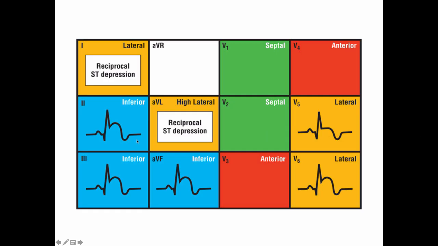So in this example, I've got elevation in 2, 3, aVF, I've got an inferior MI, I've got ST segment elevation in V5, V6, so I've got a lateral MI, and here I'm still going to see some reciprocal ST depression because these are the high lateral leads reciprocal to our inferior leads. So even though I have an inferior lateral MI, I'm still going to see a little bit of reciprocal ST depression.